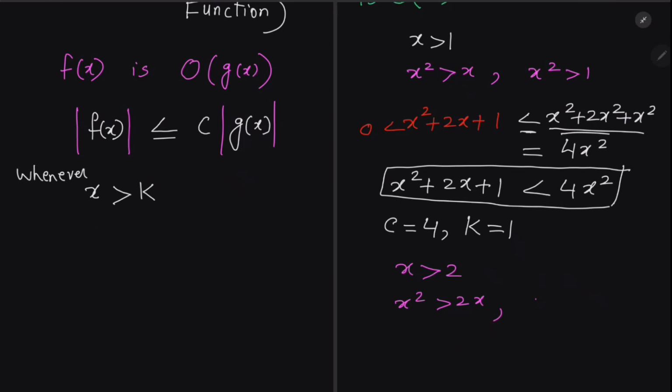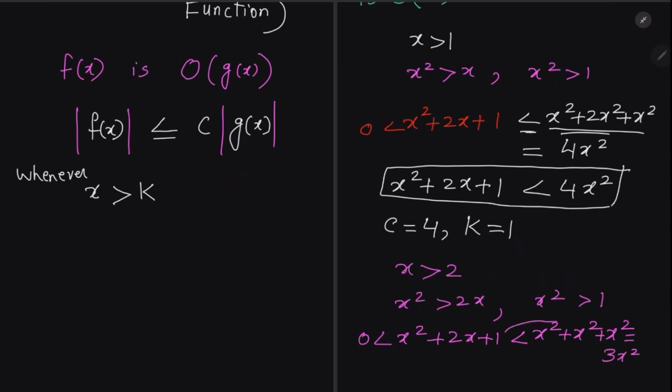And we already know that x square is greater than 1. So we have x square plus 2x plus 1, which is less than, replacing 2x with x square, x square plus x square plus x square, which is equal to 3x square.